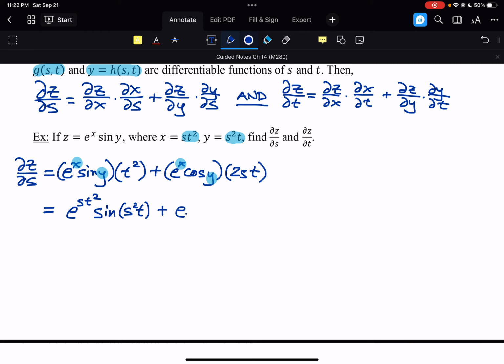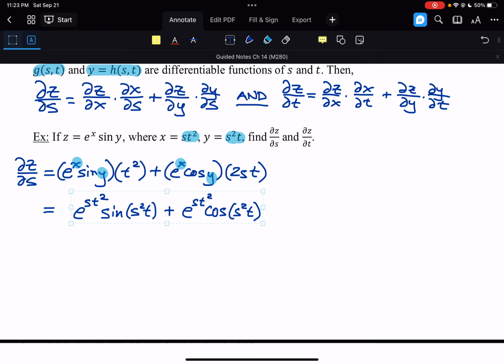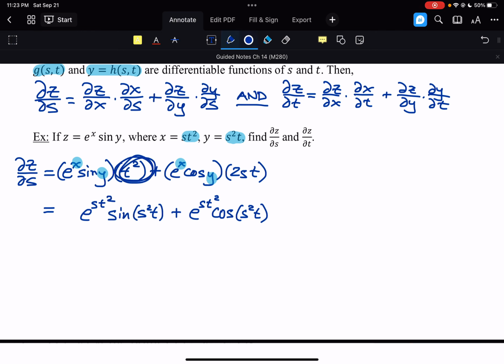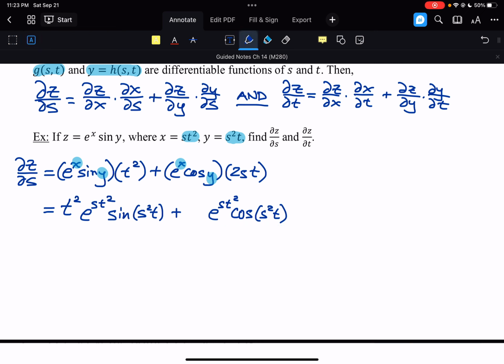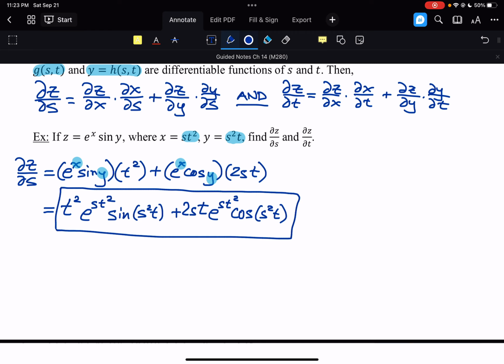Plus e to the st squared cosine of s squared t. Oops, I left off that t squared, didn't I? So the t squared I'll put right there, and then the 2st I'll put in front of this one too, just in front of the functions here. So this would be our formula for the partial derivative of z with respect to s.